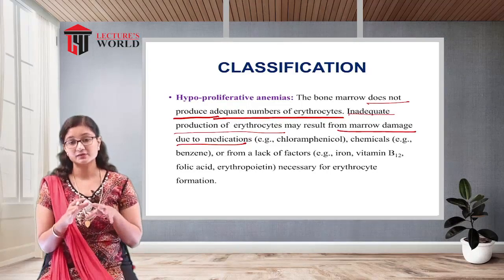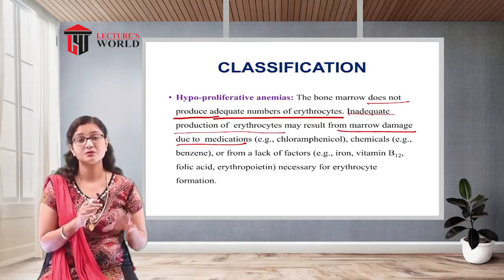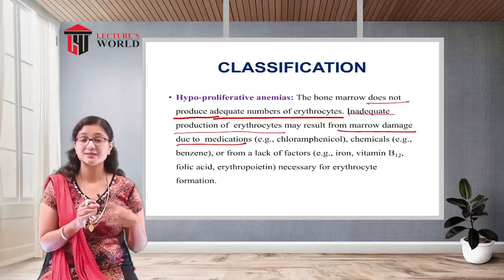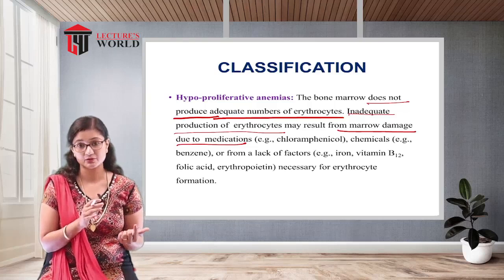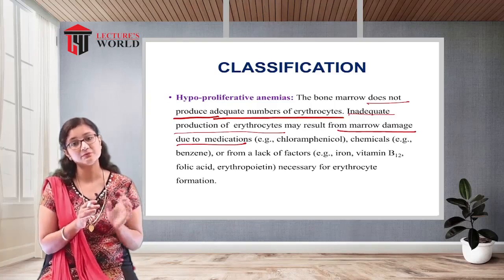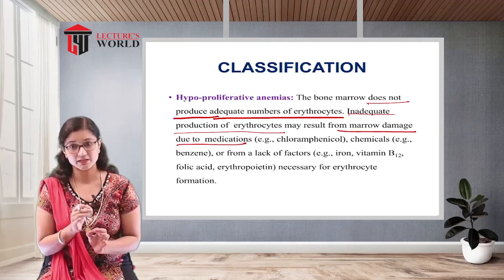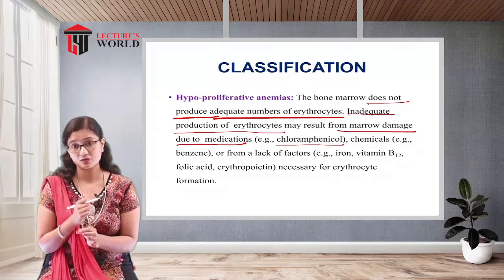Hypoproliferative means there is a lesser amount of RBCs being produced. This can be because of damage to the bone marrow. How can the bone marrow be damaged? Because of some medications, such as chloramphenicol.